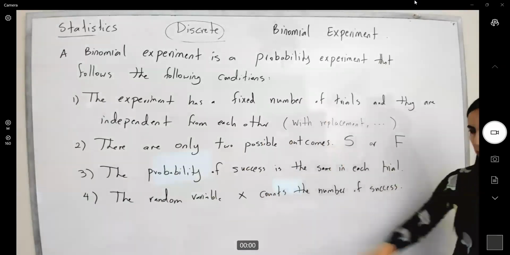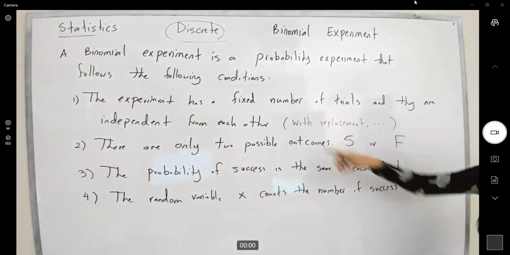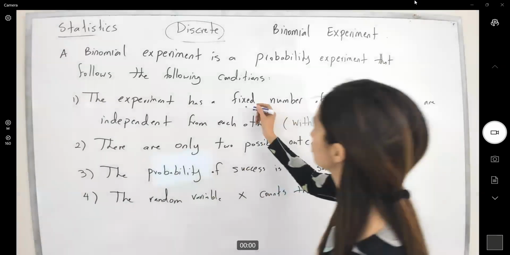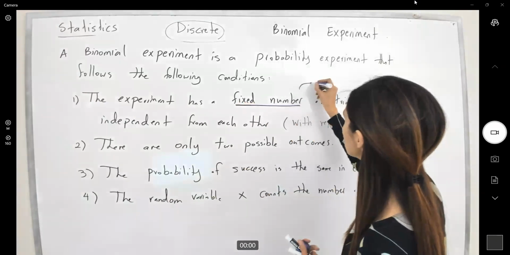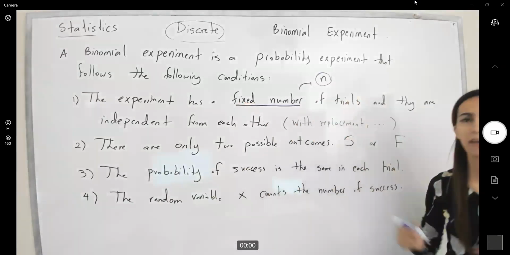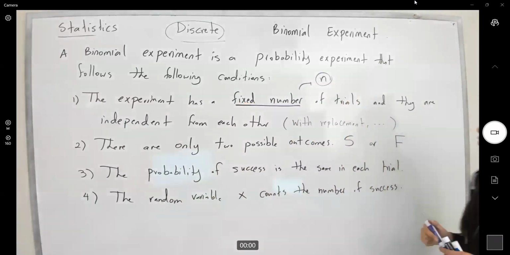Okay, so just be careful here. If you have a fixed number of tries, you usually denote the fixed number of tries by n. You have n tries.